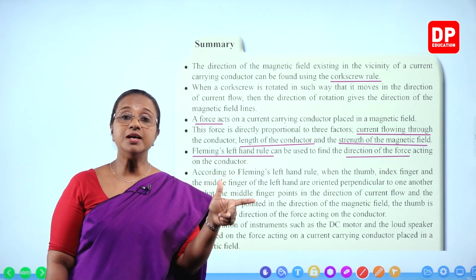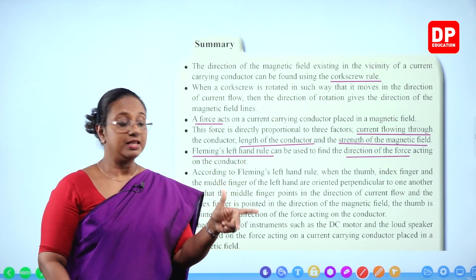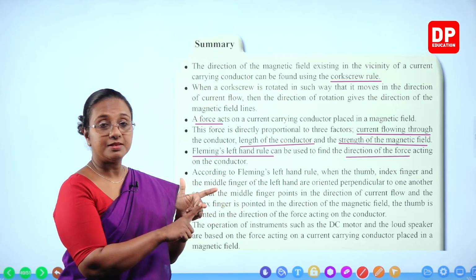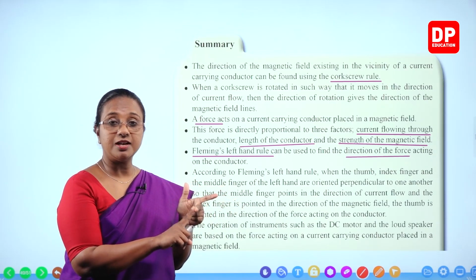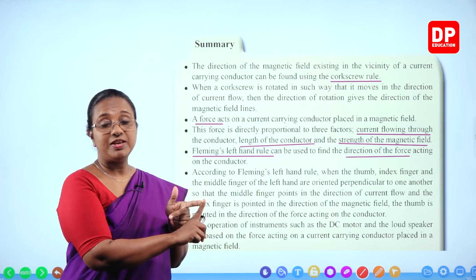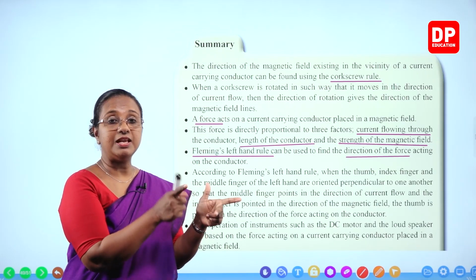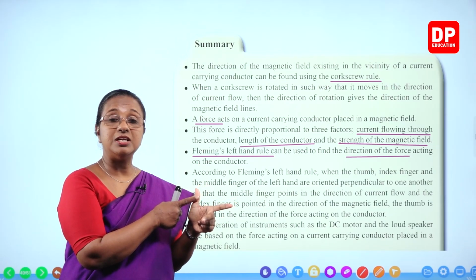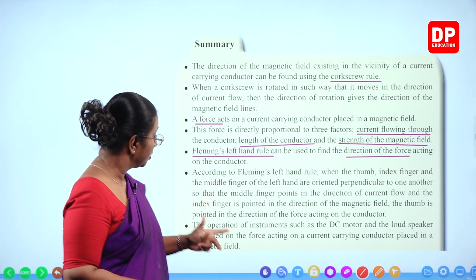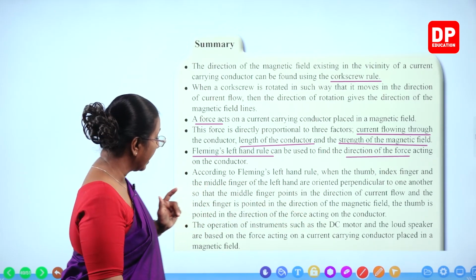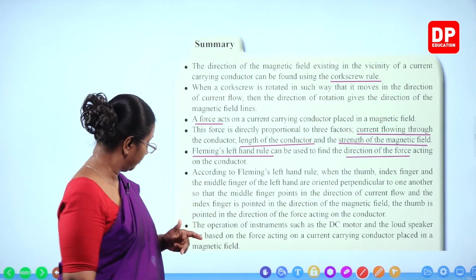So you hold the hand like this, the middle finger is the direction of the current flow, the index finger is the direction of the magnetic field and the thumb points to the direction of the force. So then of course you can find the direction of the force.